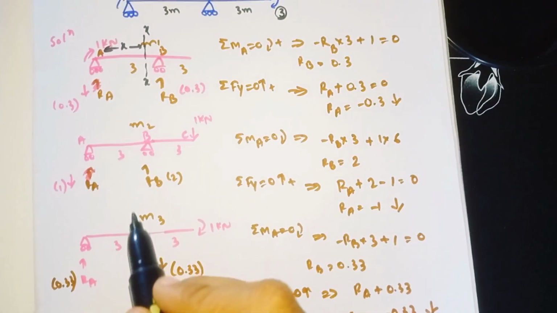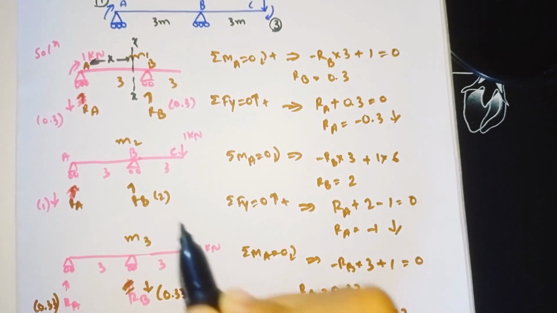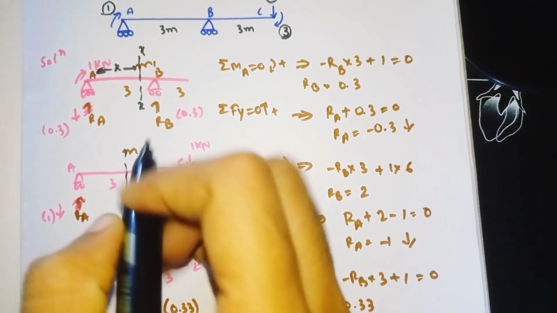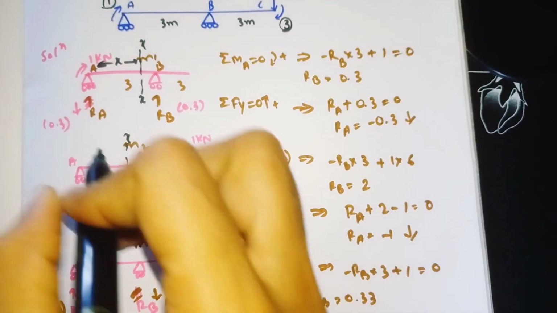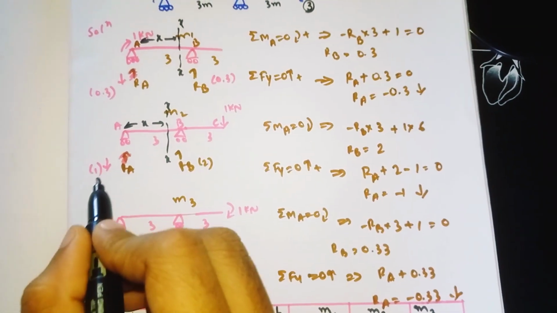Similarly for M2, see diagram 2. If we cut the section XX far away from the origin A at a distance of X, here our intensity is minus 1.